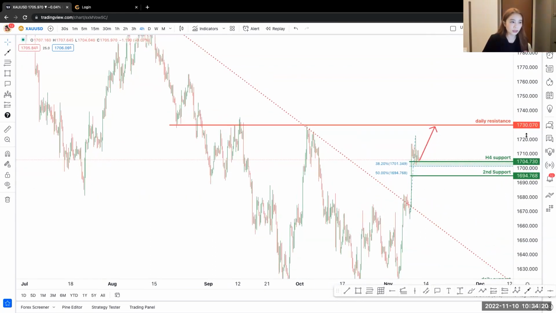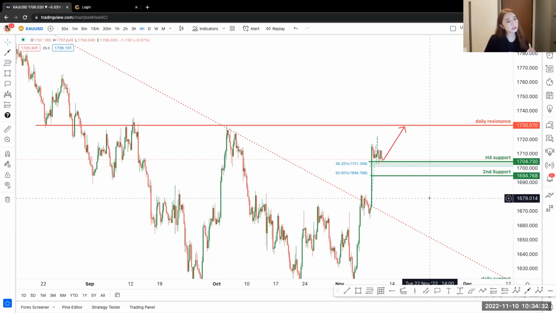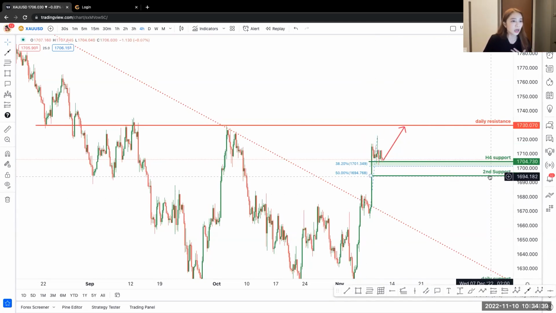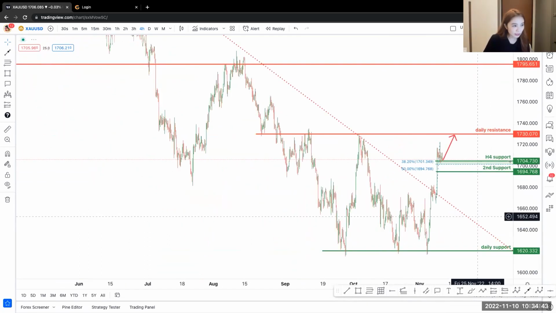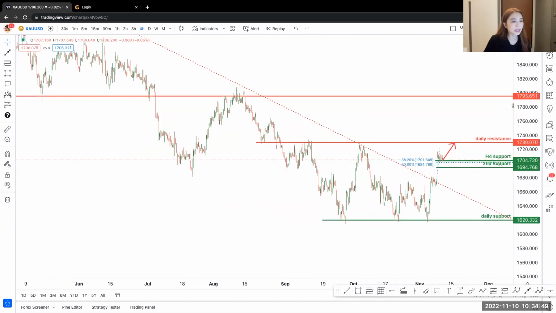However, until then, if price does not exceed, I personally will not be trading above the price of 1730.07. So for those that are looking way beyond 1730.070, or looking at a downward movement, downward movement is highly unlikely for me right now, because I'm seeing that it just exceeded our weekly descending trend line.